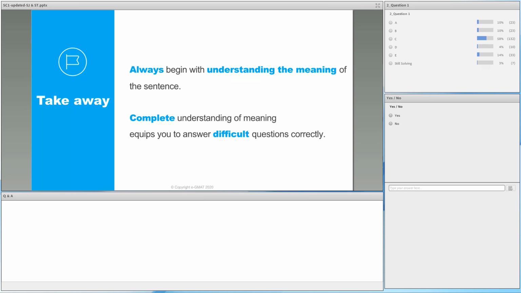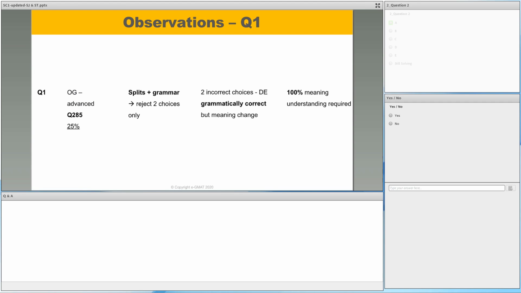So always spend that time at the beginning of the sentence understanding the meaning, working through it, okay? Making sure that you know what the author intends to say, and then you can do that in a grammatically correct manner. But you have to spend the time with the original sentence.